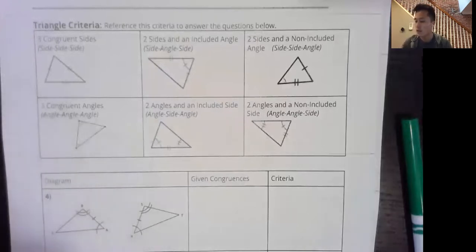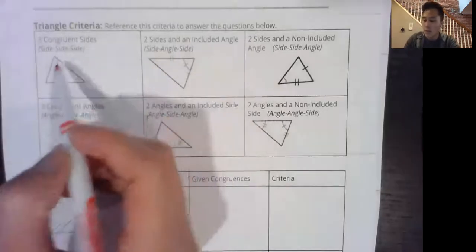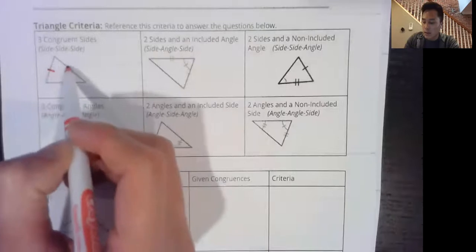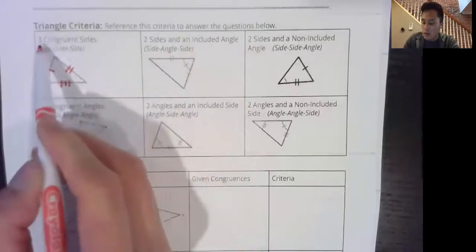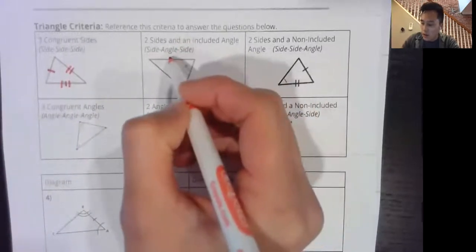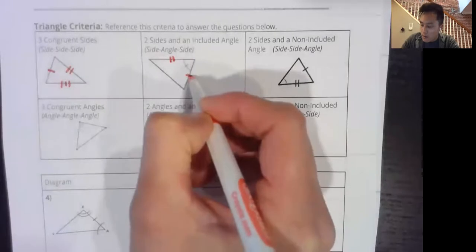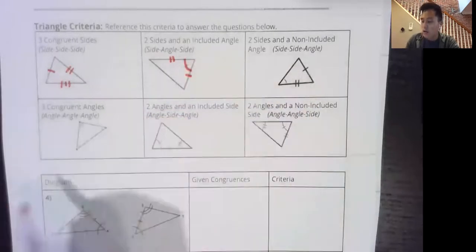Depending on what 3 parts are congruent, there are different terms you can use to describe the criteria of the triangle. You might be given 3 sides that are congruent, in which case you can say there's 3 congruent sides. You might be given 2 sides and an angle that's congruent in between those 2 congruent sides.